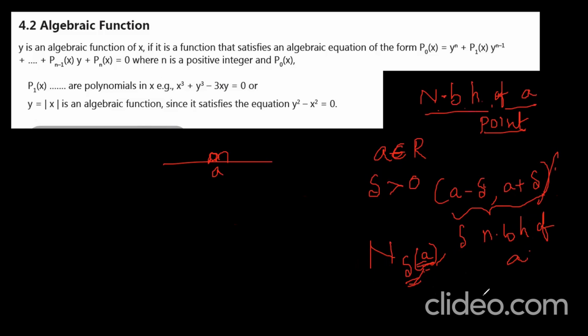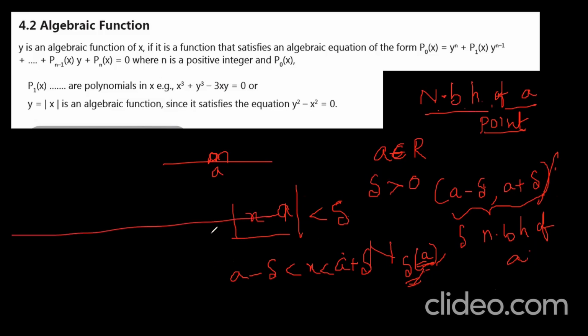X belongs to R, X lies between A minus delta and A plus delta. The condition mod X minus A less than delta means A minus delta less than X less than A plus delta. How do we represent this on a number line?